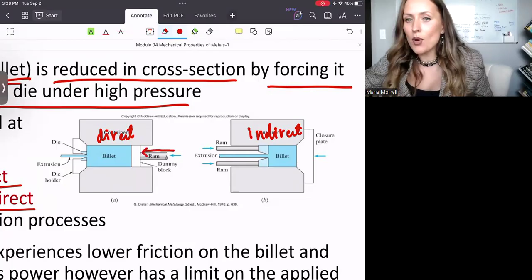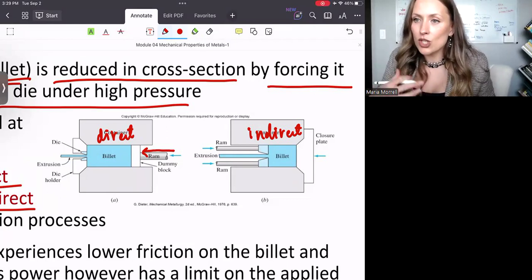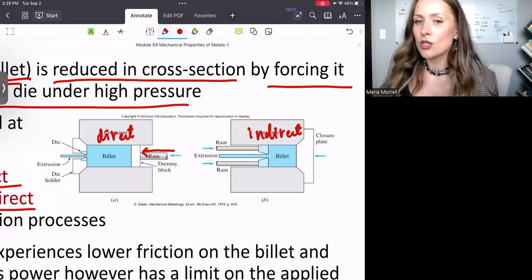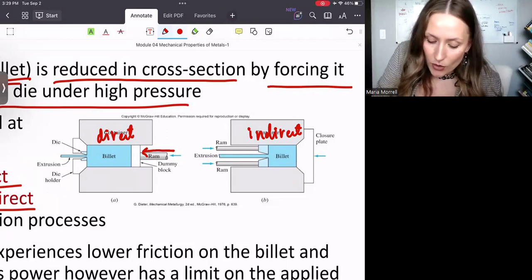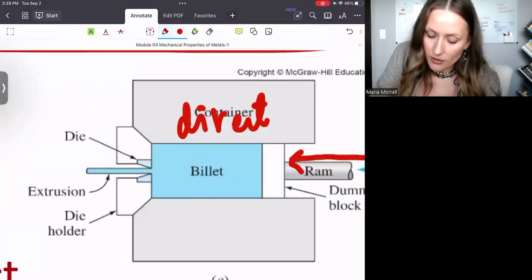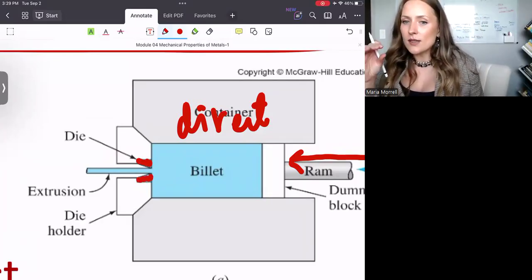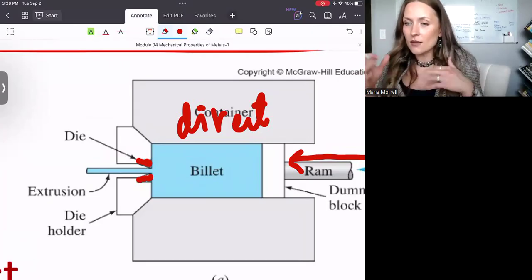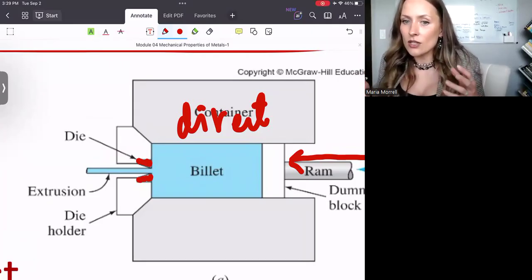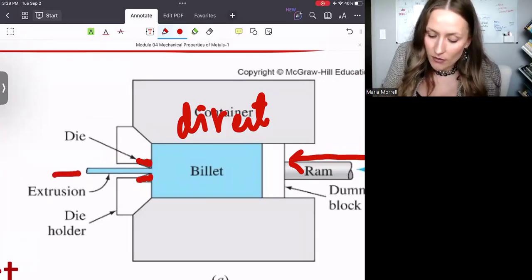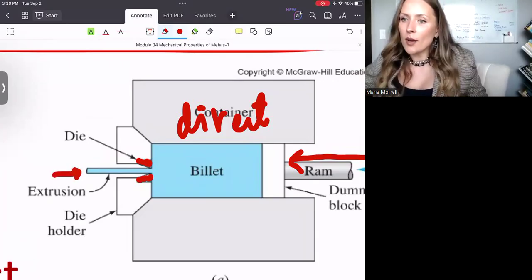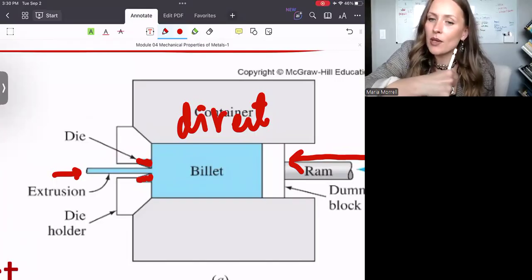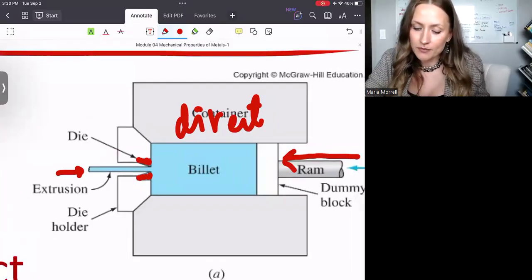And I'm gonna push my billet, which is at elevated temperatures, through this opening right here. So let me just highlight this die for you. You have this die, and in between there's a specific opening, right? And of course, I can change dies depending on which configuration I want to achieve. But this is going to be the final product, right? So I'm kind of like ramming my billet through the die, okay?